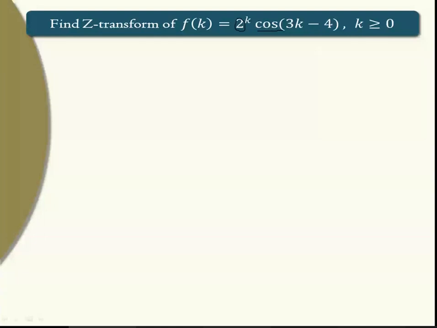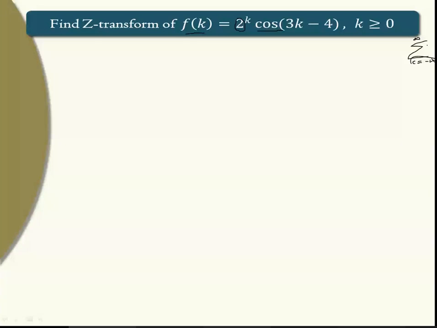Now, just carefully look at the function. Depending on the function, we have to decide whether to use the properties and formulas or whether to use the basic definition of Z transform. Because we know the definition of Z transform in the form of summation k equal to minus infinity to infinity, f of k z raised to minus k.